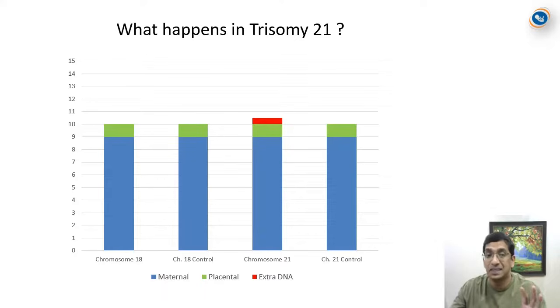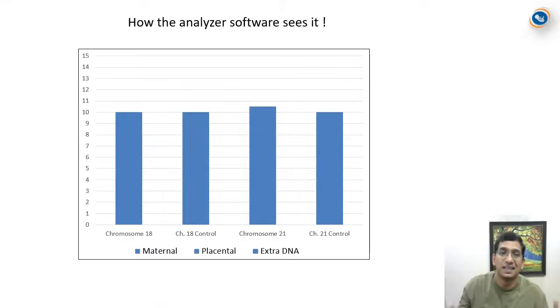Now these colors are what I have used to show you the origin of the DNA, but how does the analyzer actually see the DNA? Like this. For the analyzer, everything, the maternal DNA, the placental DNA and the extra bit of DNA, all look the same color. So the analyzer software cannot distinguish which comes from the mother, which comes from the placenta, and which is the extra bit of DNA.